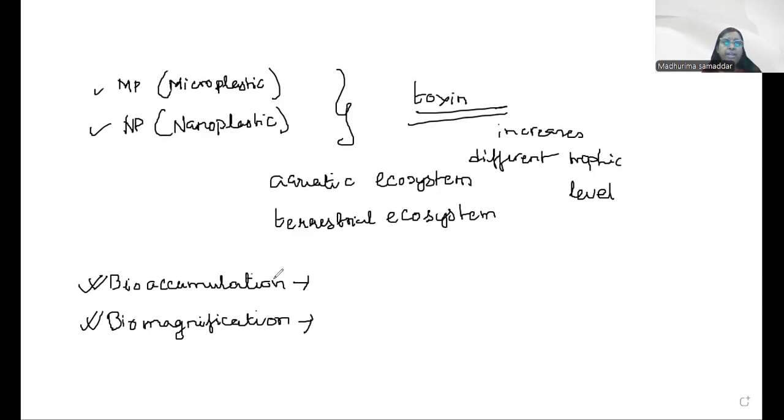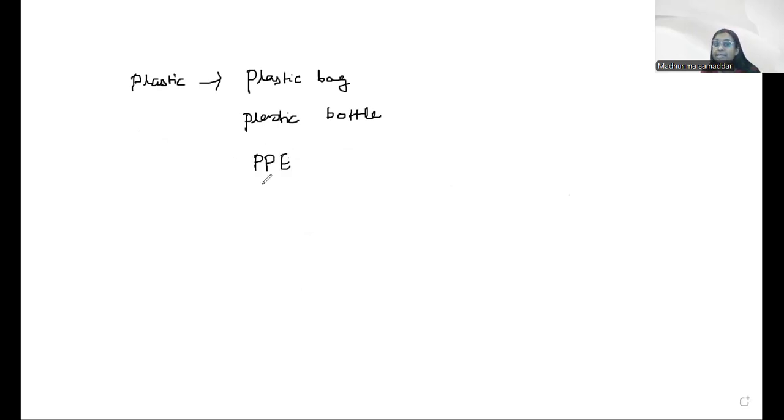Okay, so where do these micro and nanoplastics come from? Of course, from the plastics that are produced, mainly because of human activities, as we use more and more plastic. We use plastic bags, right? Plastic bottles. So many things are made of plastics, isn't it? Then PPE that is used.